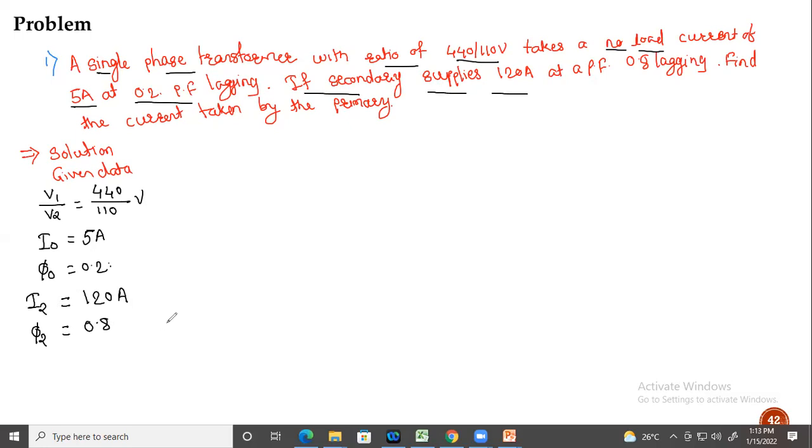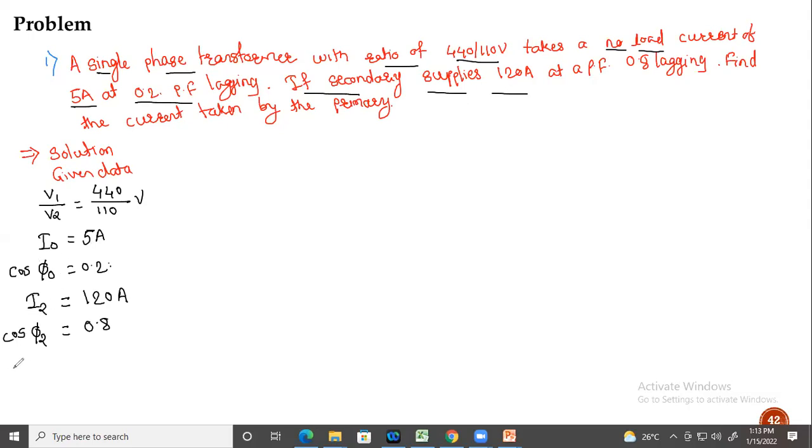Now find the current taken by the primary.